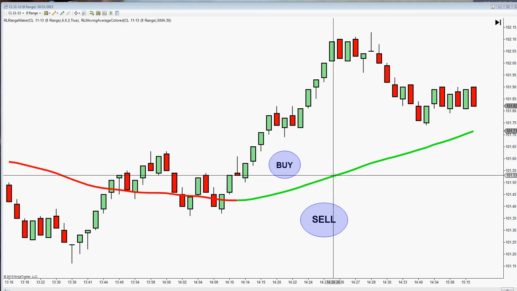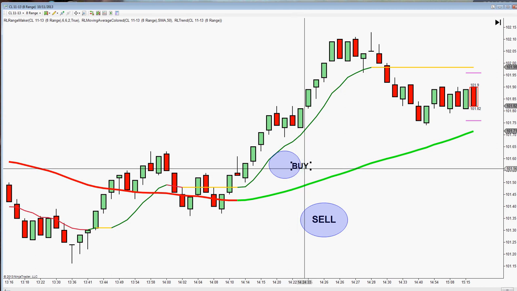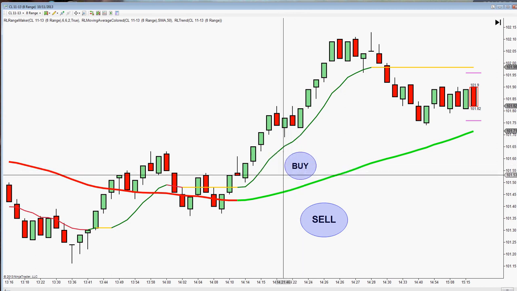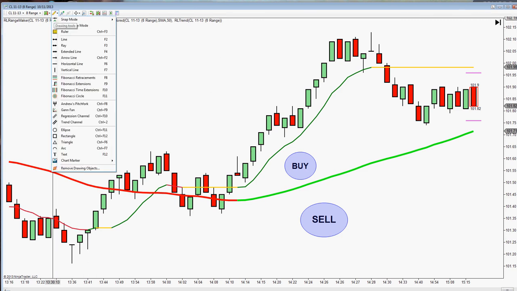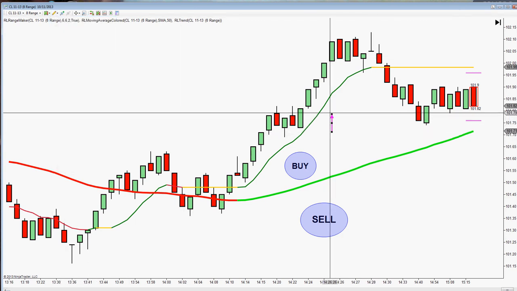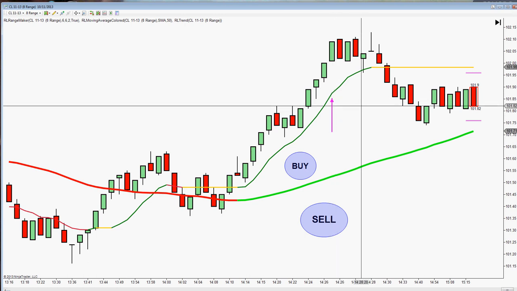critical indicator which we use to evaluate market structure. Now I've added in the Right Line Trend, and that is our moving average here.